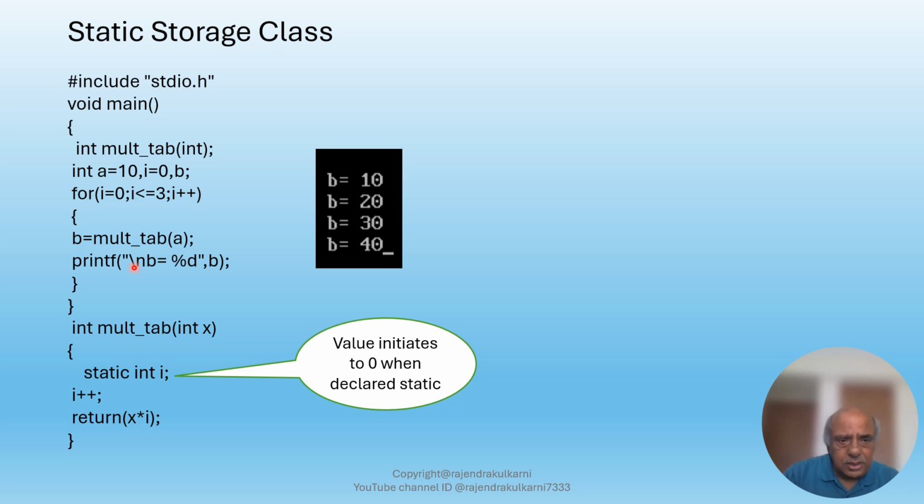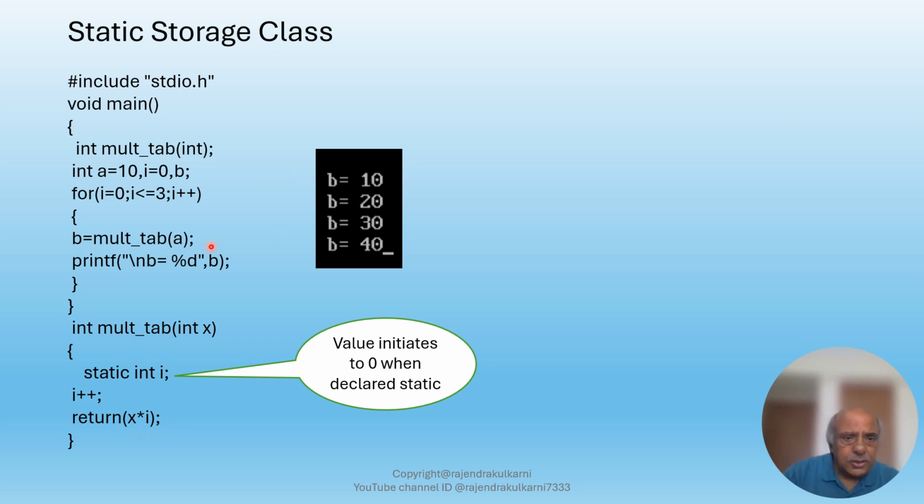When the function is again called in the second iteration of the loop, int i is already holding a value of 1, which remains intact. It will be incremented by 1 again. So now i is 2, and the return value is x into 2, that is 10 into 2, equal to 20.